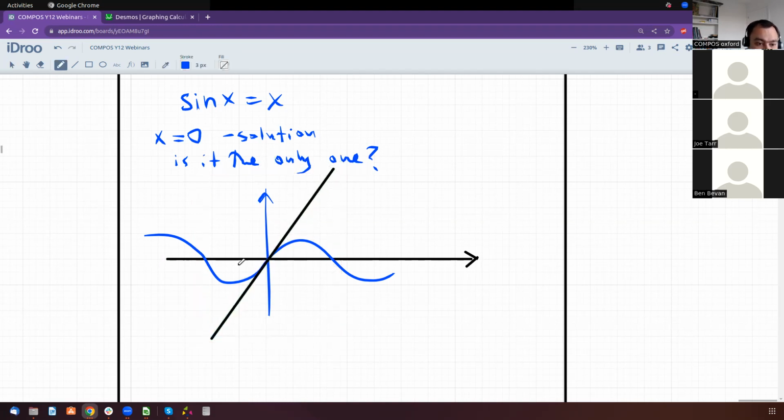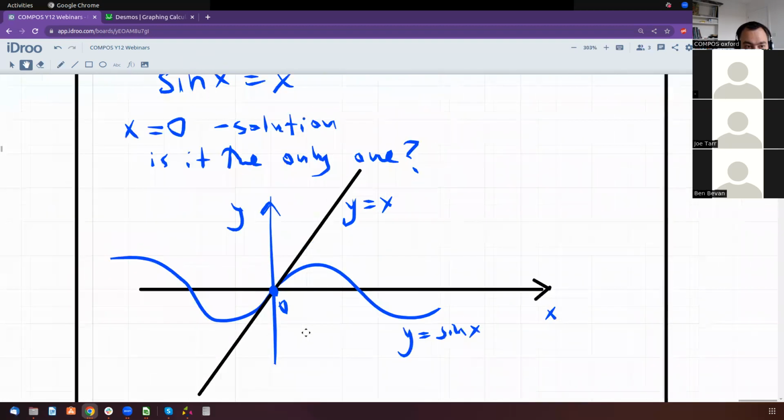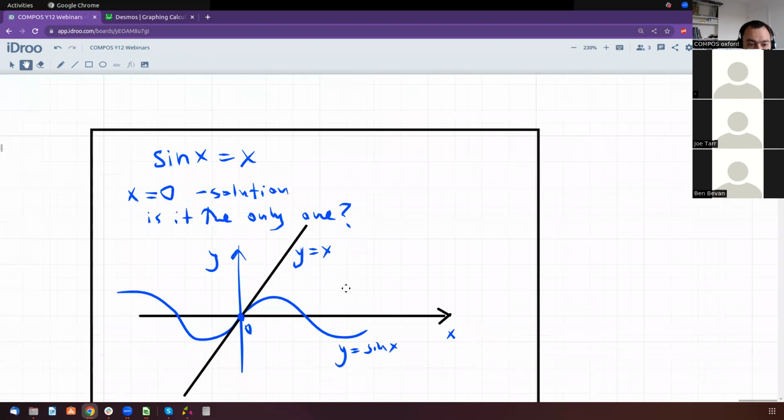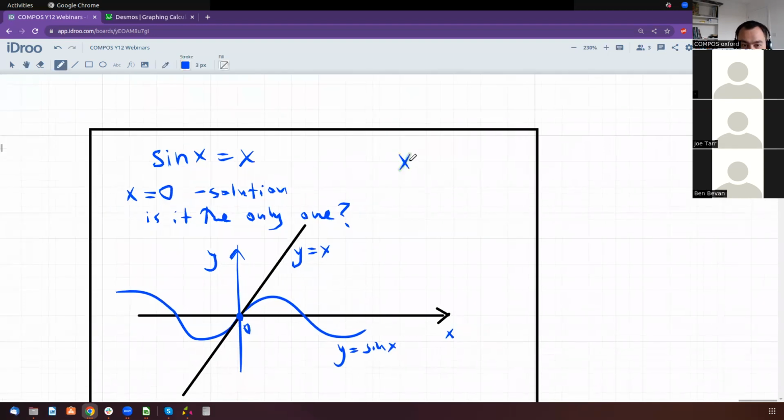And they have one point in common, which is 0, and no other points. This is one way. But how do you know that they are always like this? Well, you need to prove that x minus sine x is always greater than 0. Can you prove that?